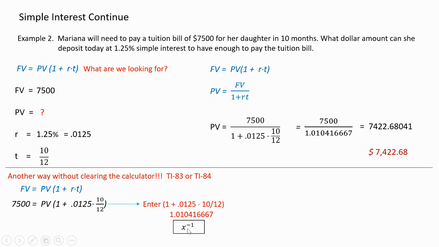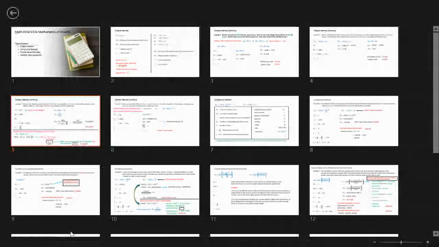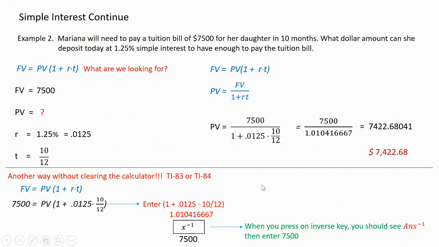The inverse key is like multiplying by the reciprocal. When you press this key, it gives you answer to the power of negative 1, which means it uses the inverse of the answer, 1.01041667. And then you enter 7,500. We enter that, and this is the answer that we get: $7,422.68. You see, guys, we get the same thing.